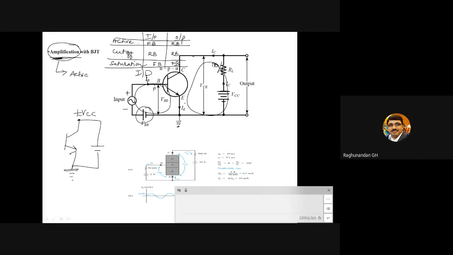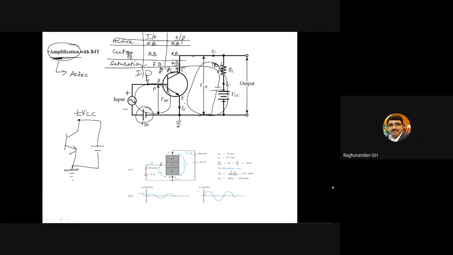Instead of NPN, you have PNP. Now P will be connected to the negative and the positive will be connected to the ground, because when you connect like this, your output circuit will be reverse biased. So you should remember this.